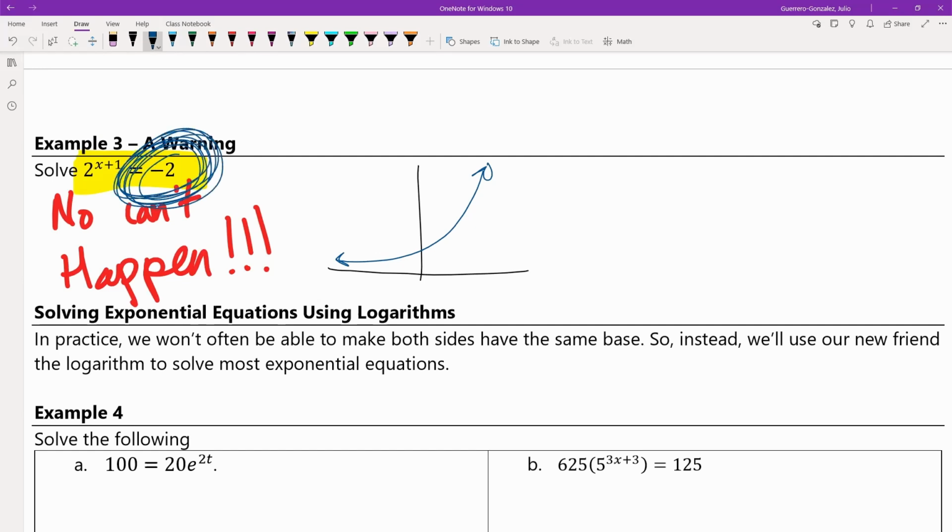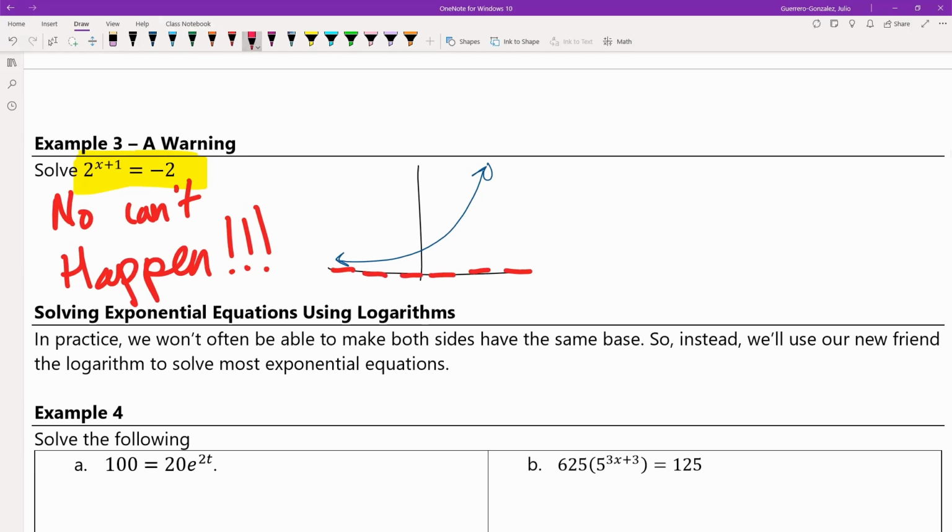Okay, but now, look at what we want to make it equal to. We want to make it equal to -2, right? The +1 that we got from over here only moved our graph left or right. It didn't move it up or down, right? So that asymptote of y equals 0, that asymptote that's way down here, has not moved, right?